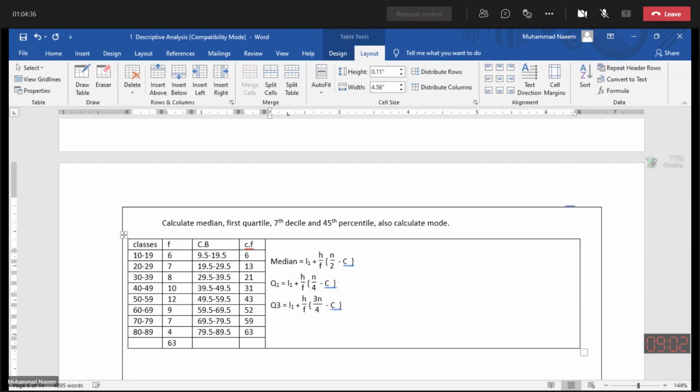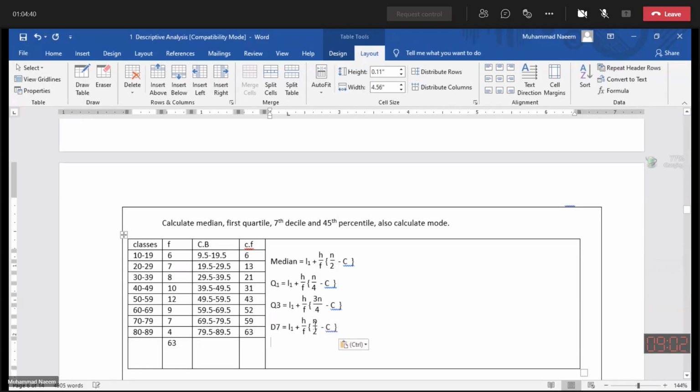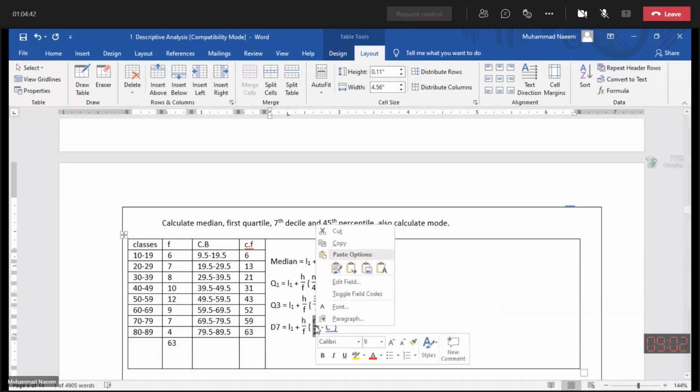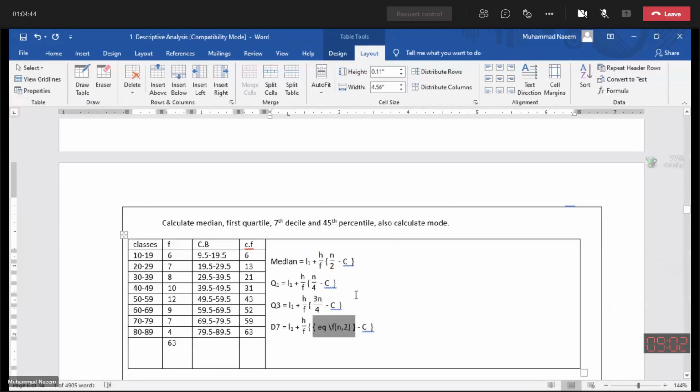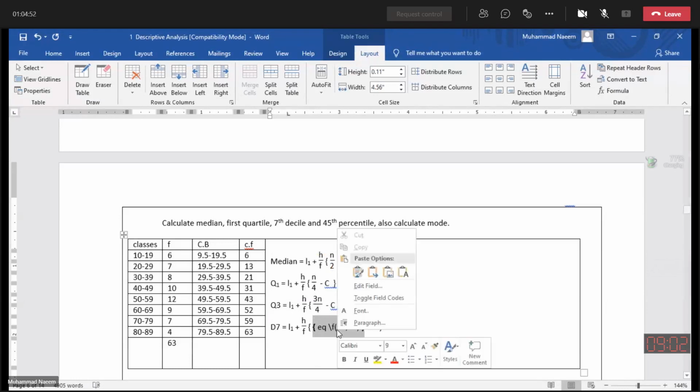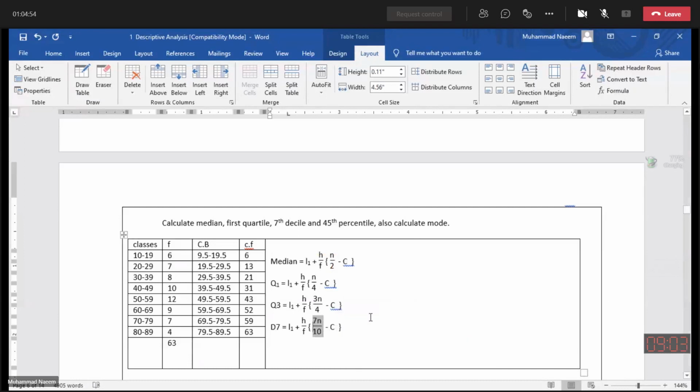Okay, next we need D7. For D7, change this ratio. This ratio for D7 is 7n by 10. Rest of the formula is the same.